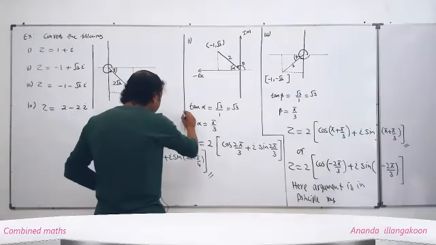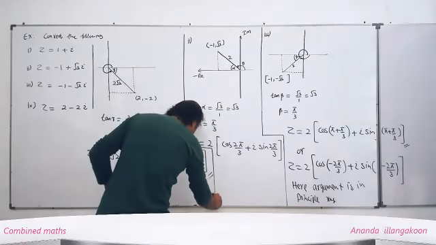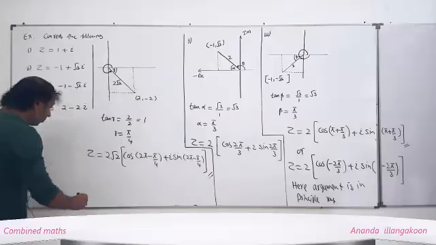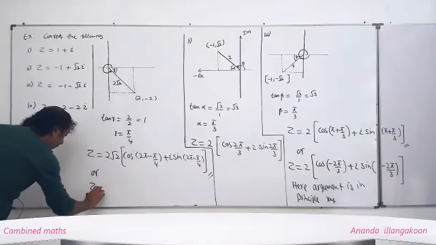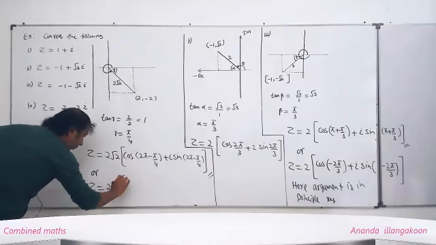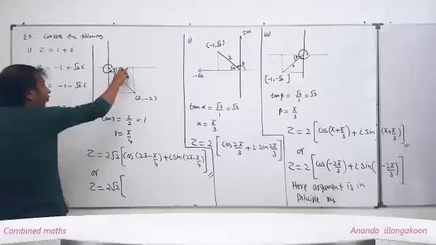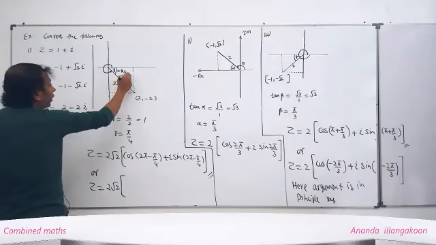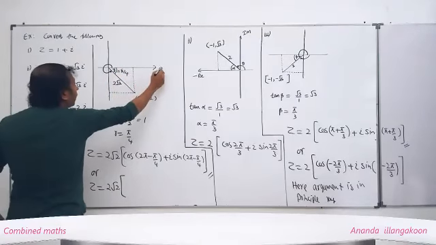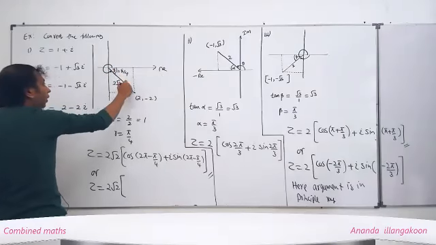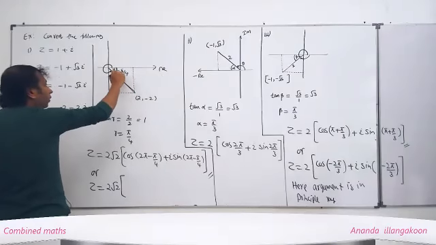So in that case, if we need to write in the principal argument, we can come to it like this. Or z equals 2 root 2. Right. This angle is now 45. Then from the real axis to reach this line, I have to rotate this way.